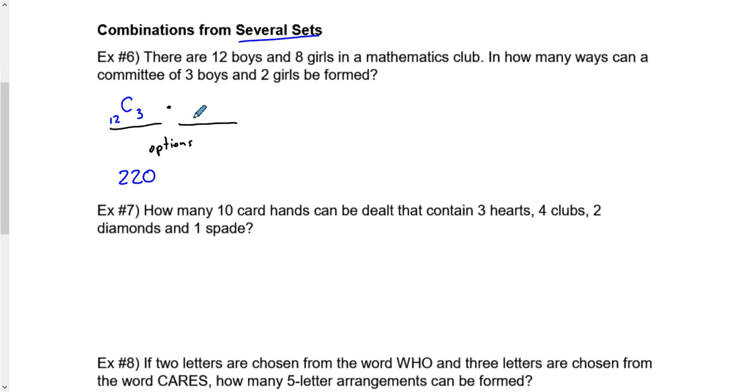Well, for the girls, it'd be 8C2, because that's how many options it would be to get 2 girls on this team. And that works out as 28. And by that fundamental counting principle, we're just multiplying our options. So there are 6,160 different committees that could be formed.